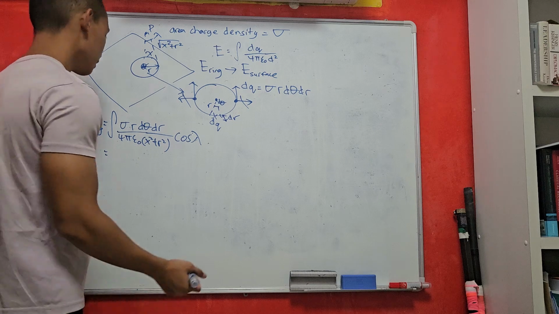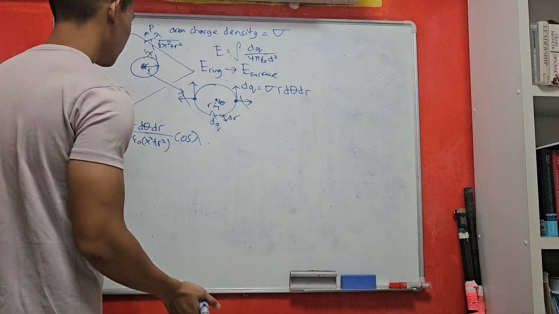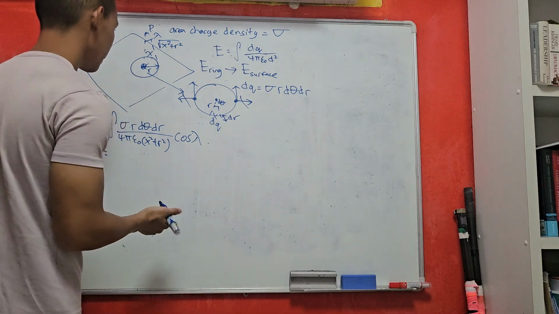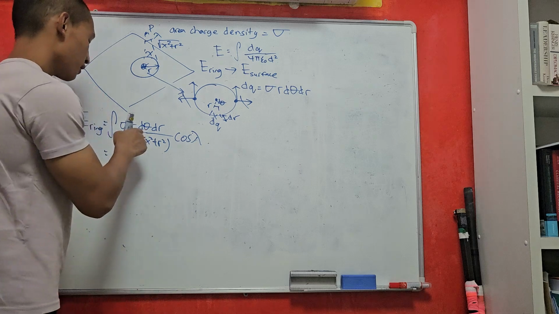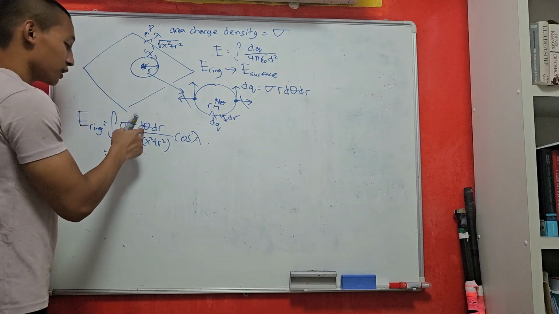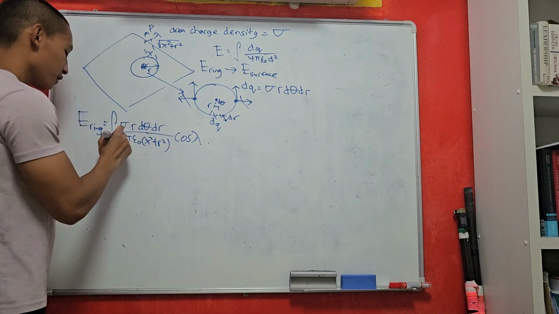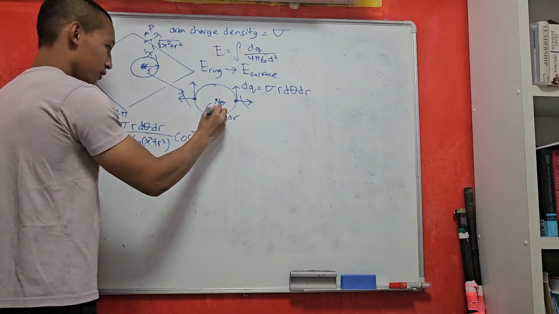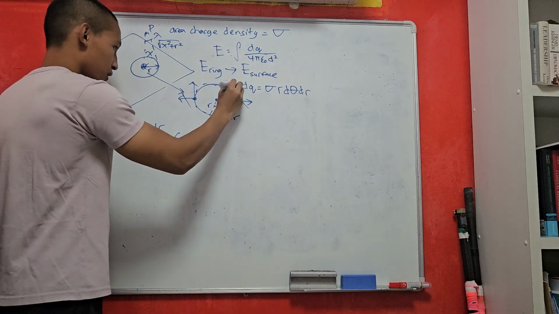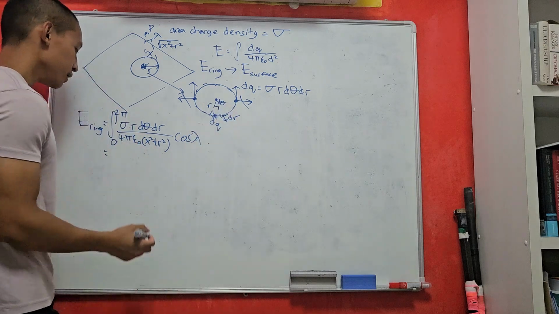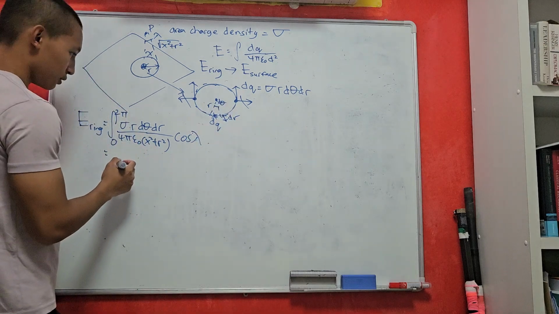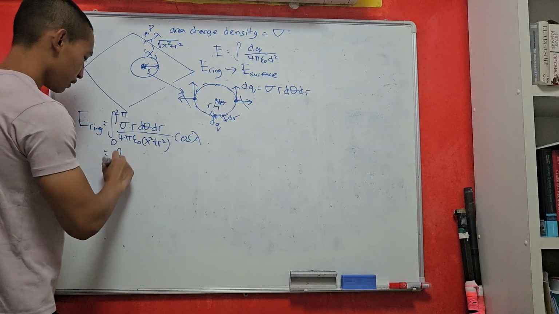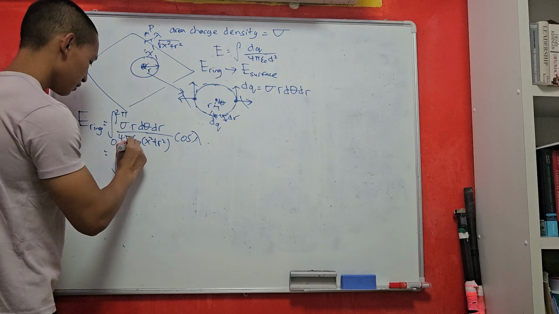Alright, so next, what we're going to do is integrate it with respect to d theta, from 0 to 2 pi, because we're trying to find from this point charge all the way to here. Okay, so we can simplify this even further actually.